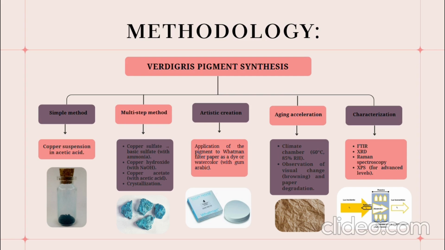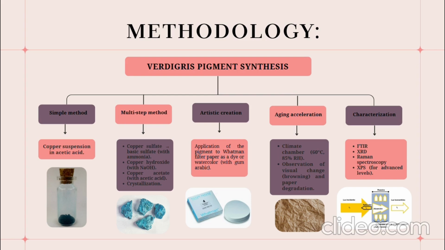2. Artistic preparation. The students used the verdigris pigment to create works on filter paper. Concentrated aqueous solutions were used, and gum arabic was used as binder to simulate traditional watercolors. 3. Accelerated aging.